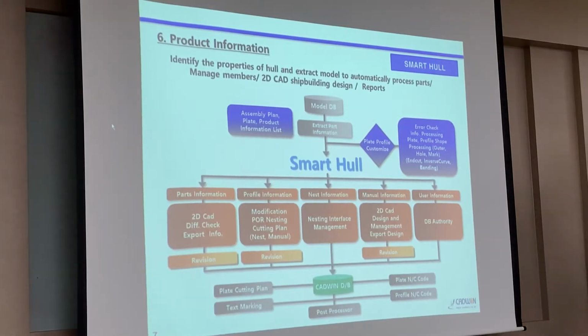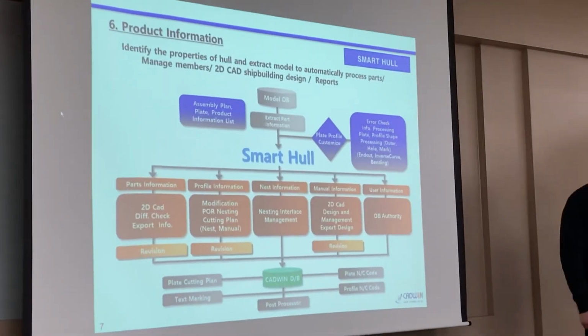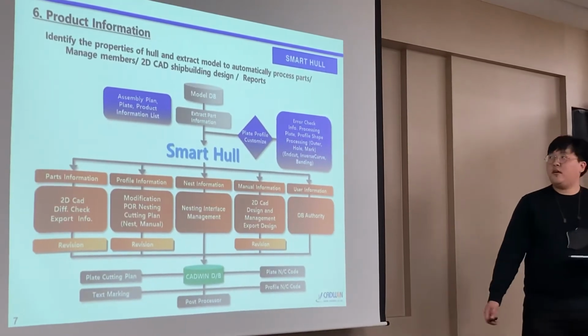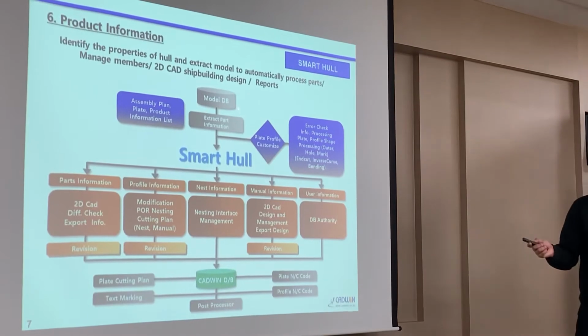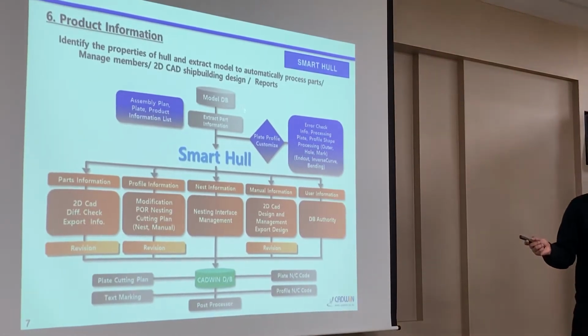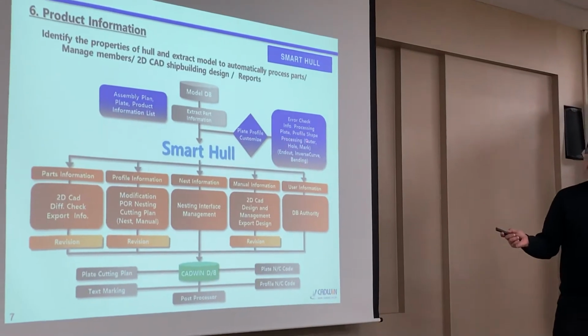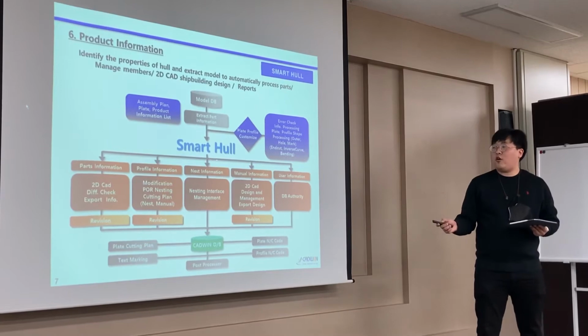Next is Smart Hull. Smart Hull identifies the properties of the hull and extracts models, processes parts, manages members, designs, and extracts reports. The top part is the Foran model database. We'll extract some part information, do error checking, process plates, and put it into Smart Hull.